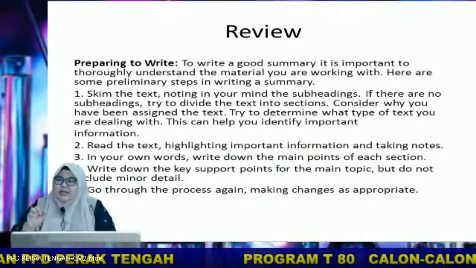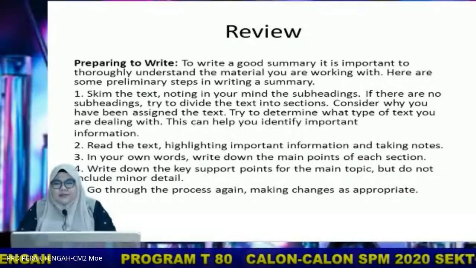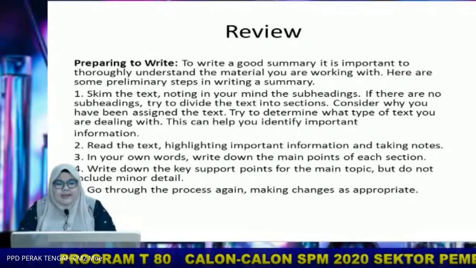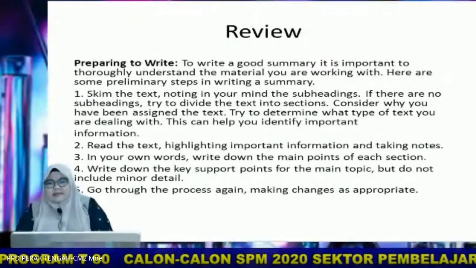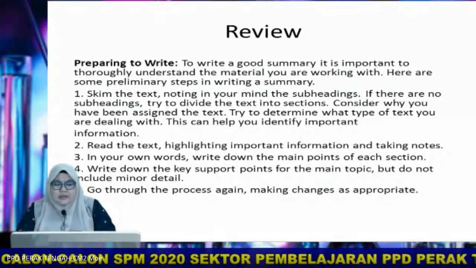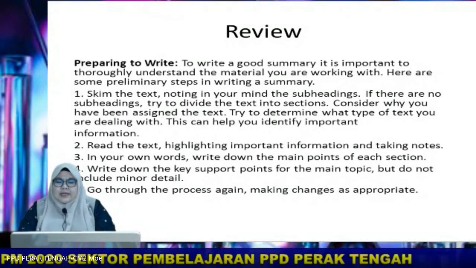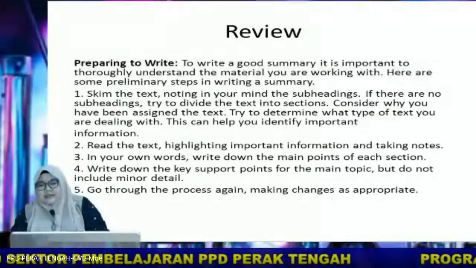To determine what type of text, we have facts, we have story, for the summary. And then second, read the text, highlighting important information and taking notes. Third, in your own words, write down the main points of each section.